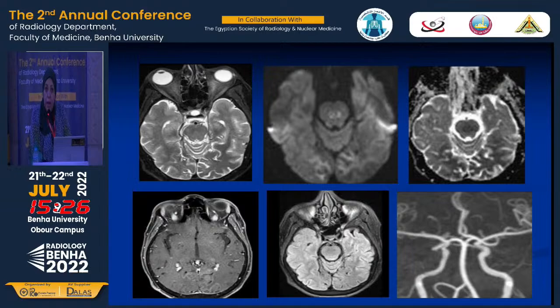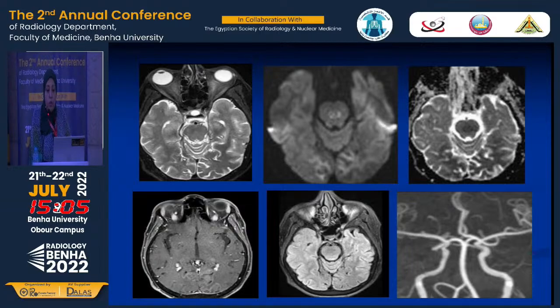The clue clinically here is the poorly controlled diabetes, and the clue on imaging is the T2 hypointensity. What is the cause of this T2 hypointensity? It's not ischemia, as ischemia would result in high signal intensity, not low signal intensity.